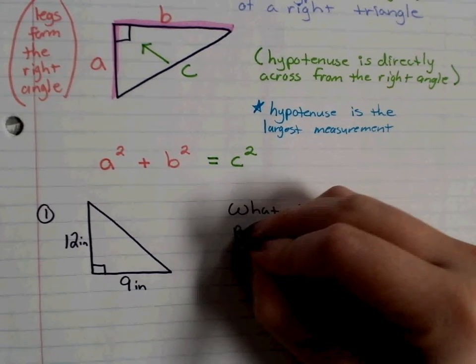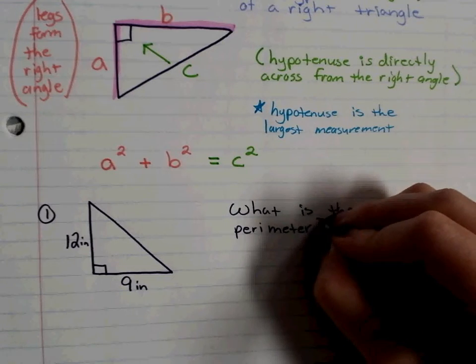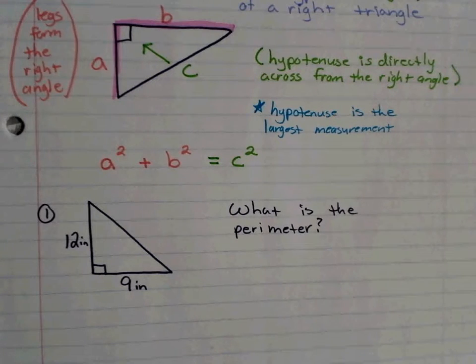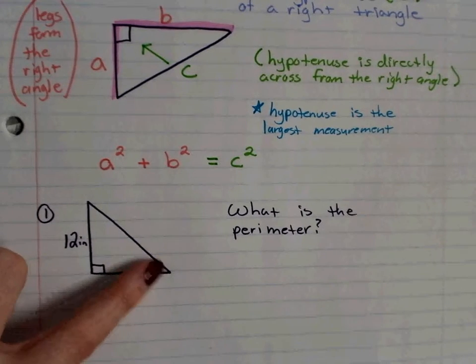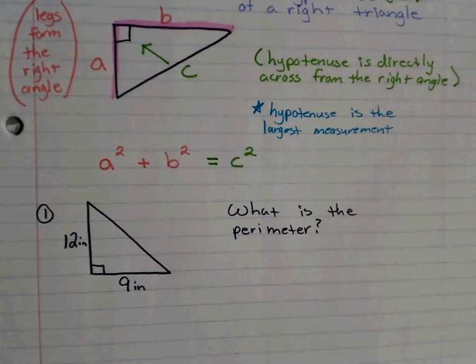Well, in order to do the perimeter, we need to know what? We need to know C, right? We need to know the measurement of this hypotenuse here. Because perimeter is the measurement of the sum of all 3 sides, right? But we only know 2 of the sides. So we have to find that third side.